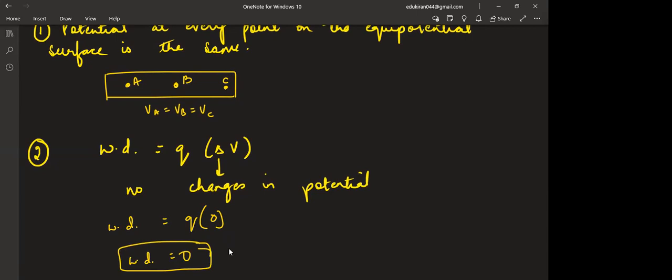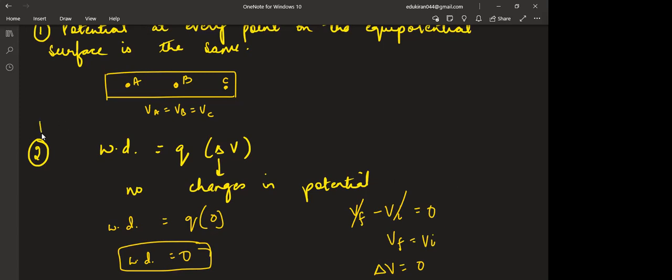So work done will also be given to you indirectly if it says that an equipotential surface is given. If it says an equipotential surface is there, directly your work done will be 0. Because final potential minus initial potential will be 0, as final potential is equal to initial potential. They cancel each other and the change in potential comes out to be 0.